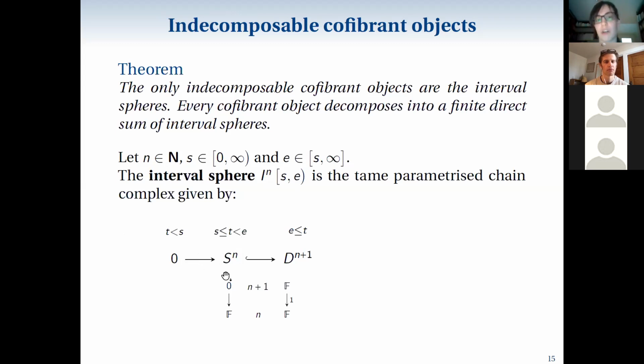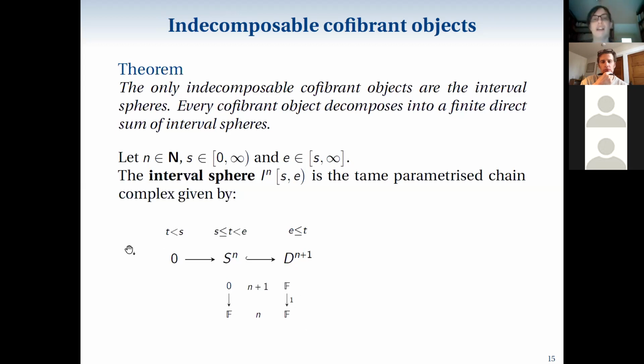So it's a chain complex which is 0 everywhere but in degree n, where it is the field on which we are working. And then it becomes a disk. So a chain complex which is non-zero only in degrees n plus 1 and n, where it is equal to the field with the identity in between.